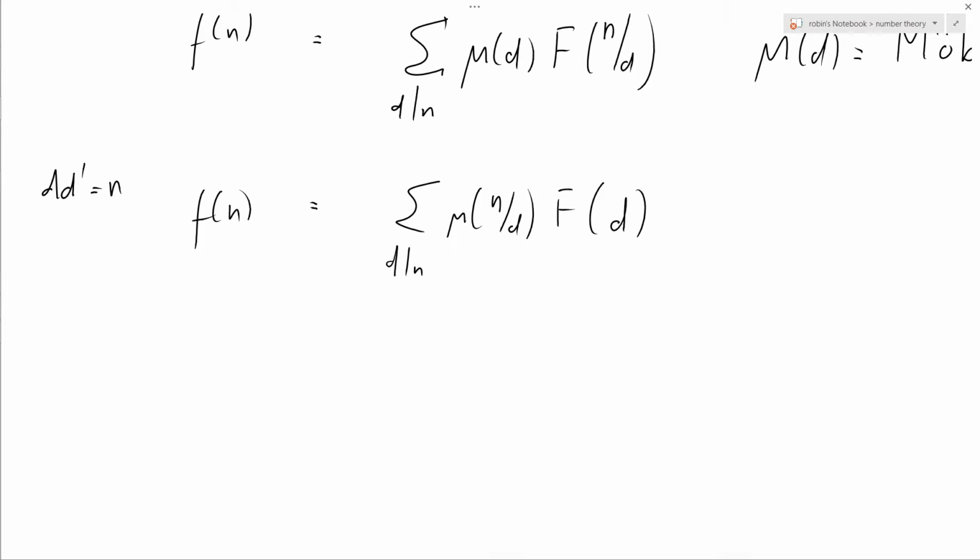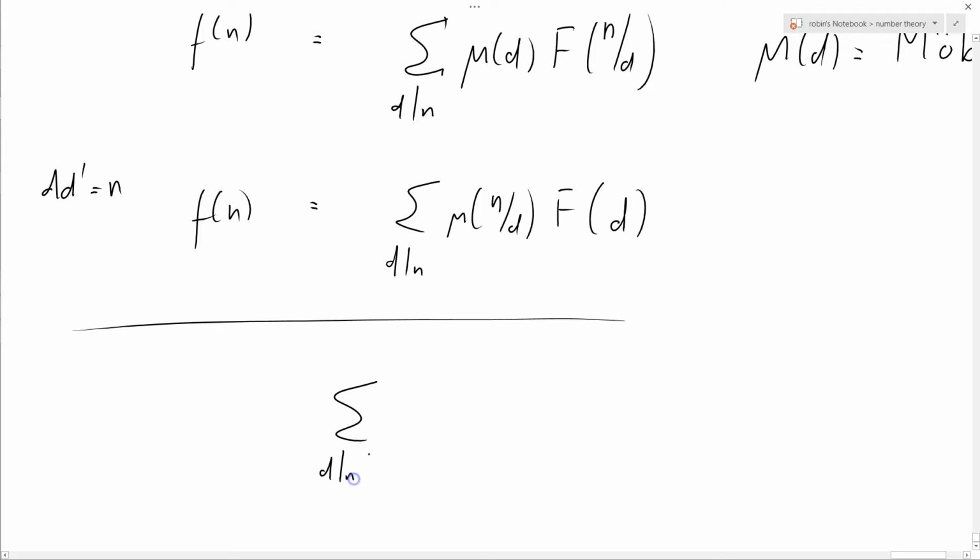How do we prove this? I'll just remind you of one feature of the Mobius function: the sum over d divides n of mu of d equals 1 if n equals 1 and 0 if n is greater than 1.